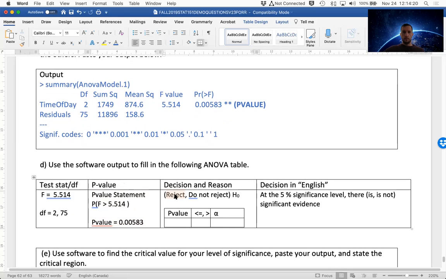Okay, so we will reject H0 because our p-value is less than the significance level.